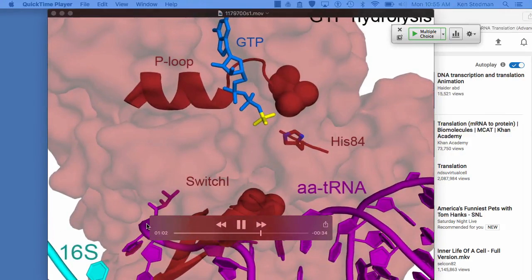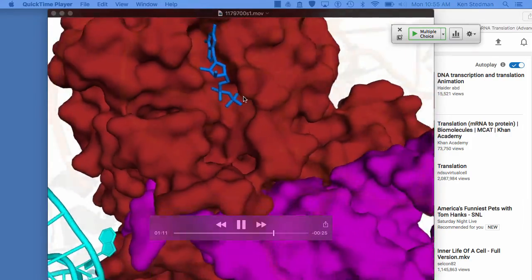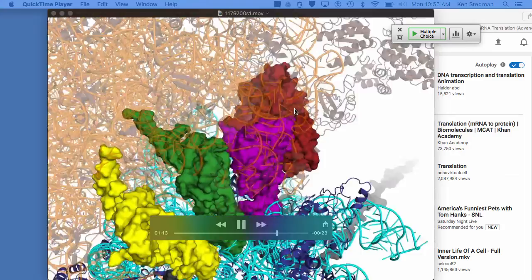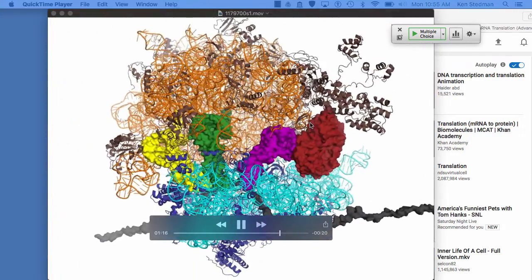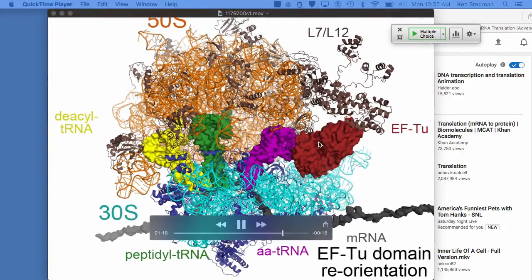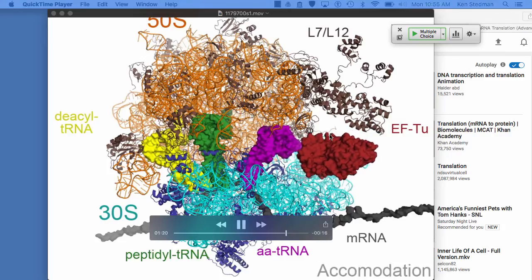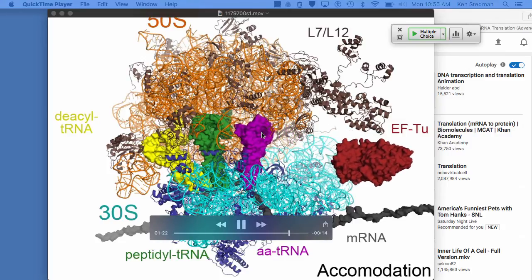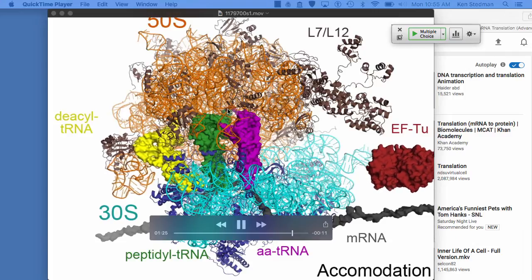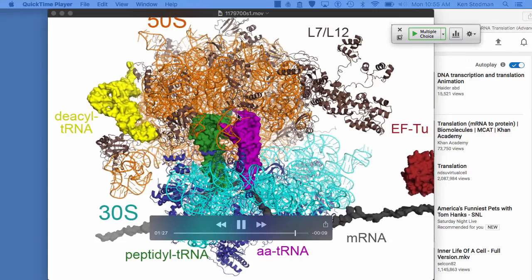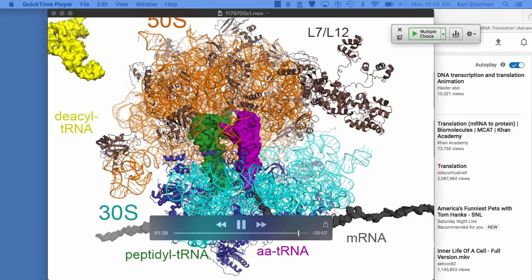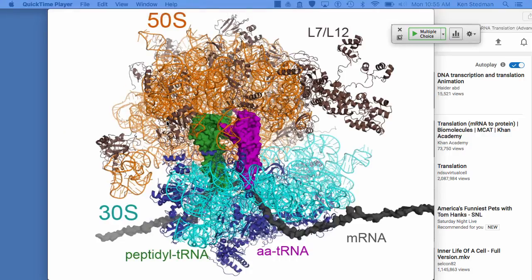We've got our right interaction because of the binding here. Now we can have GTP hydrolysis take place. There's a little phosphate running away here. After our GTP hydrolysis, we have a structural change in EF-Tu, which is now going to fall off. Now this tRNA is released and moves over to here. We can now have transpeptidation taking place, and your exit tRNA is removed.